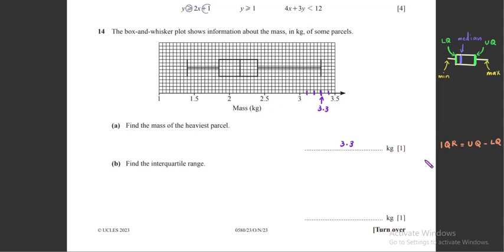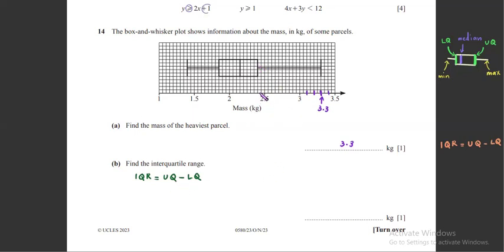Then the next question is for us to calculate the interquartile range, which is the difference between the upper quartile and the lower quartile. So we need to identify what number is represented as the upper quartile and the lower quartile, and we need to find the difference.